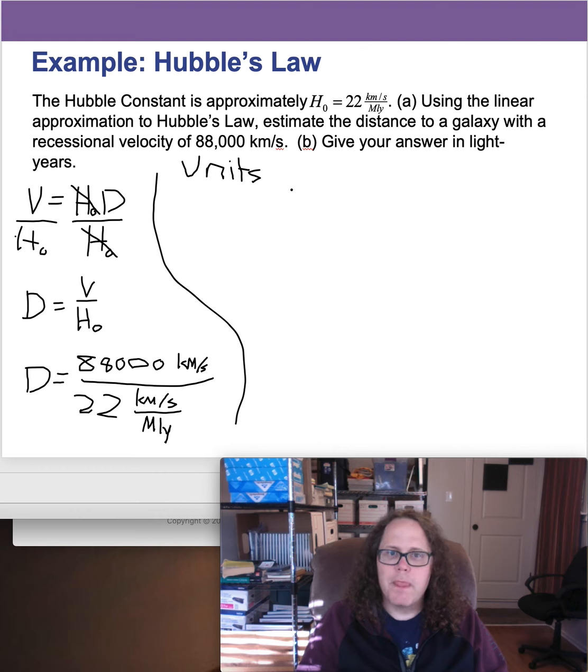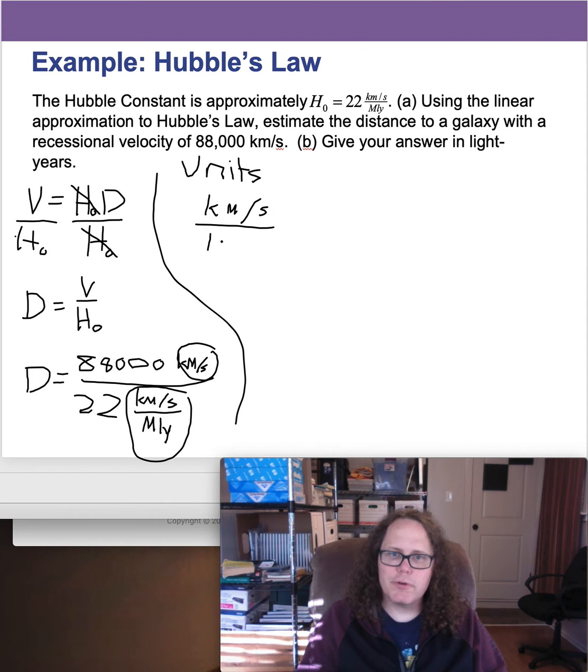Let's do that. You have kilometers per second here divided by this fraction, kilometers per second per mega light year. To divide by a fraction, this is the key to everything here, is to multiply by its reciprocal.